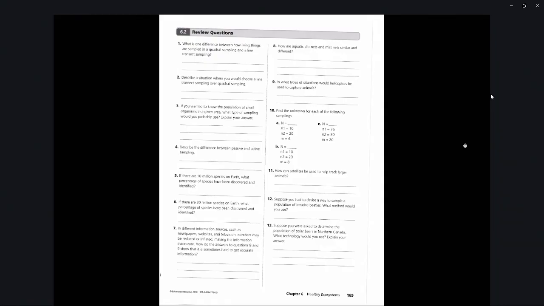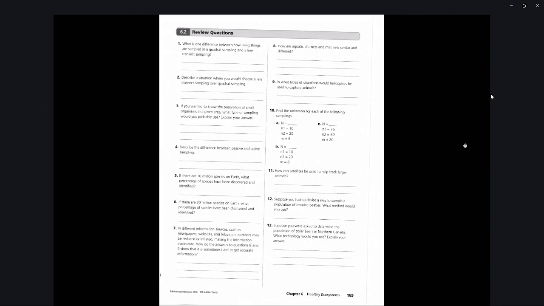If you look at how you want to compare the species living at one part of the forest to the other, a line transect sampling would be a better one, right? Because you could go along the line and it would be comparative, which is what you want.